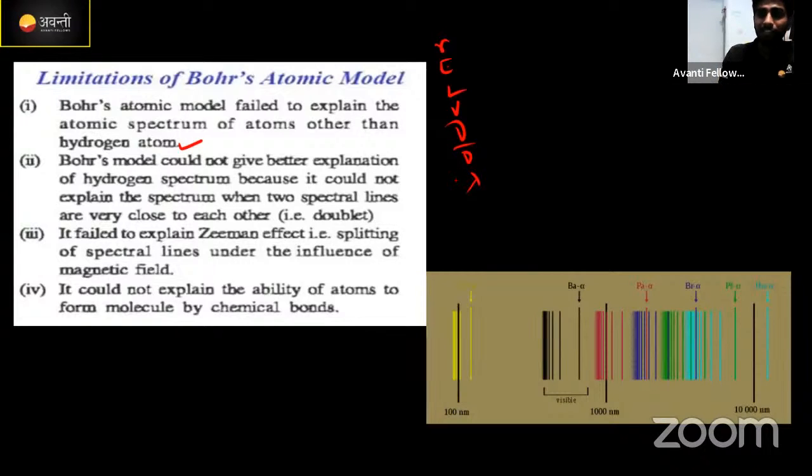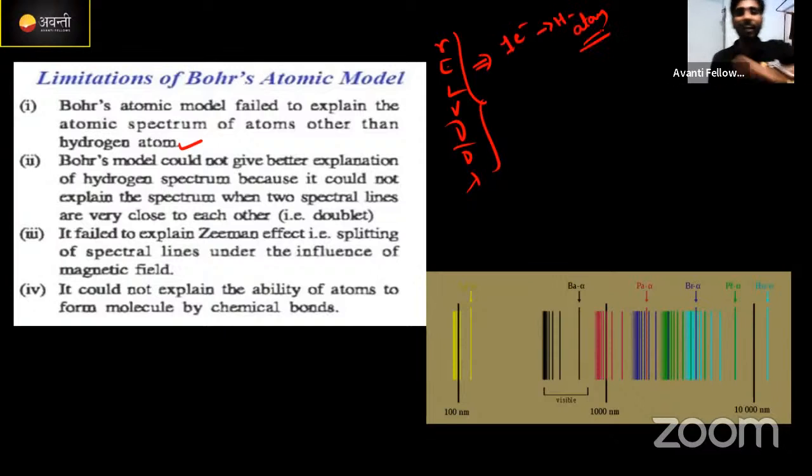Correct now? These are all the quantities given by Bohr. It can be applied only for the atom consisting of one electron, which is nothing but the hydrogen atom. Other than hydrogen atom, we can't apply these rules. It is only possible for the single electron atom. This is the first limitation.